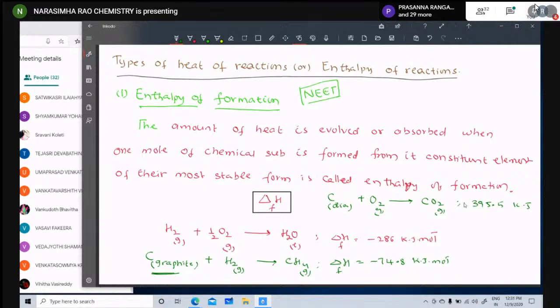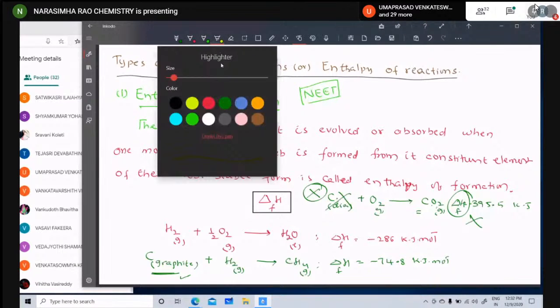So here this is a minus value of delta H, but it is not considered the enthalpy of formation of carbon dioxide. It is not the correct representation. Why? Because the most stable form of carbon is graphite, not diamond. Varshit, do you understand? Tell me.